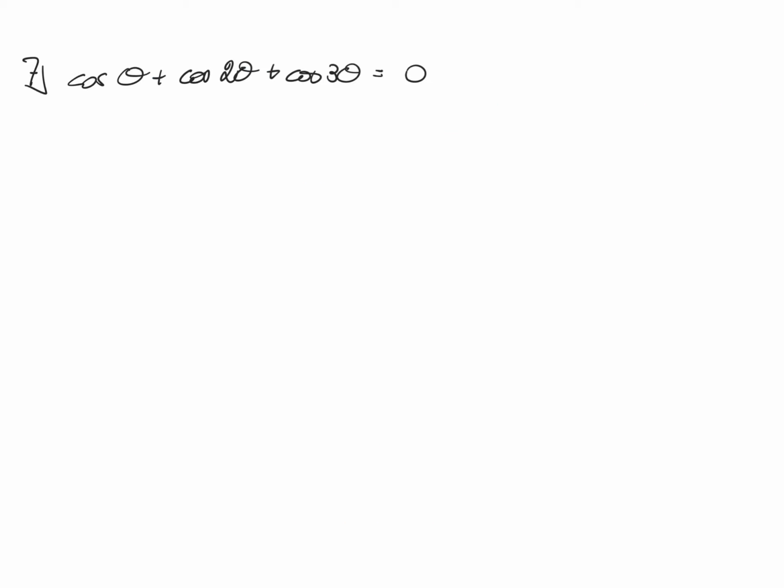For the final one, we have a sum of 3 cosines. One's cosine theta, one's cosine 2 theta, one's cosine 3 theta. So these are not simple to work with, and what we will be doing is we will group them together in such a way that we can simplify the equation. For this, we will be using sum to product formulas.